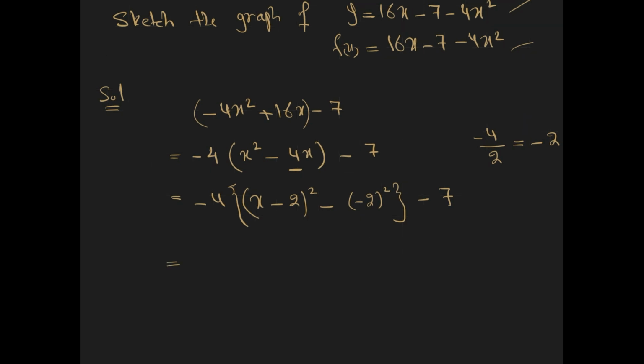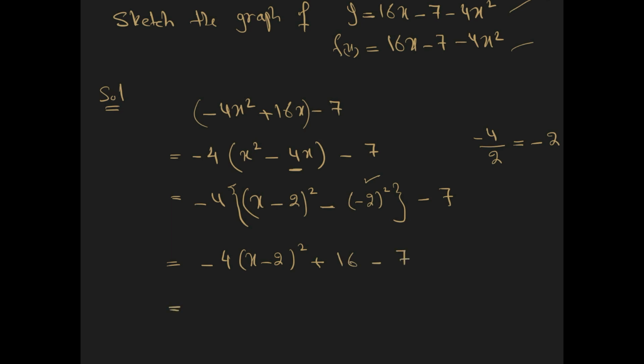And then finally, multiply out this bracket: −4[(x − 2)² − the square of −2, which is +4]. The +4 into −4 is −16, and this negative sign will change it to positive, so we will get +16, and then −7, which was outside the bracket.